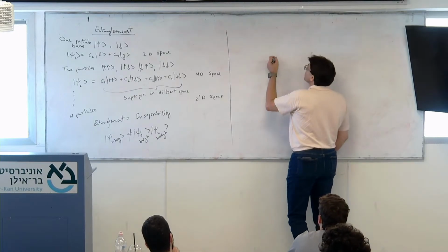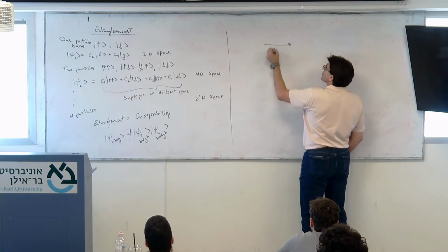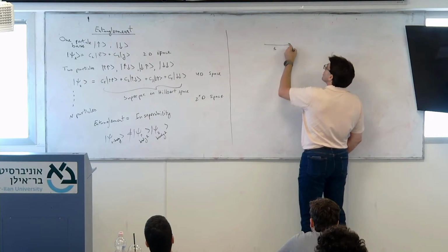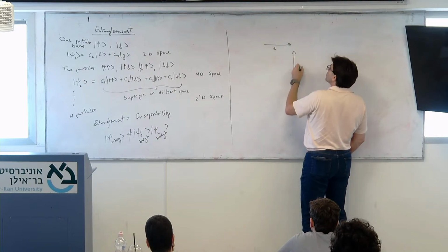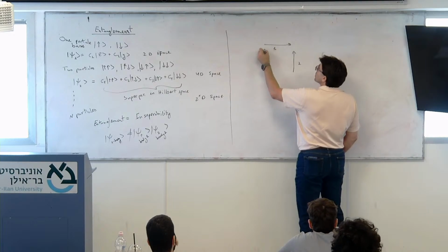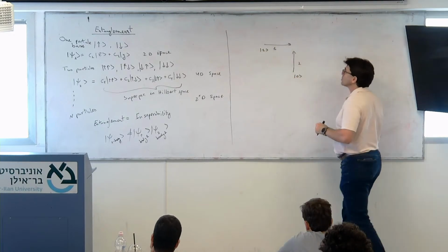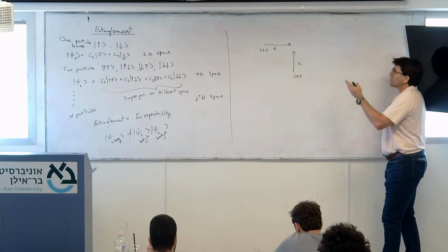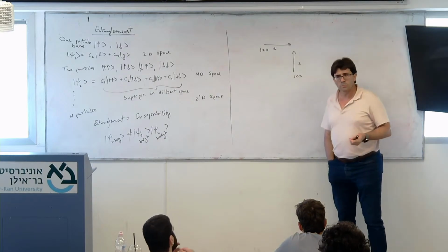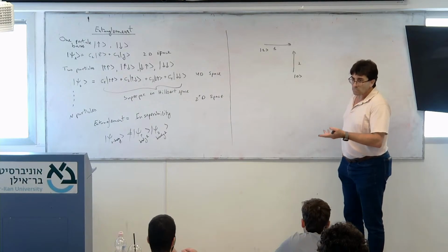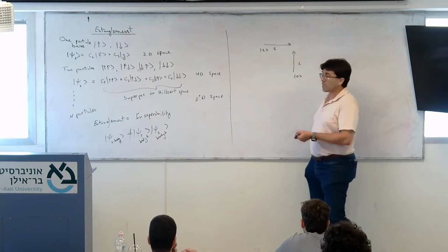So here I have two modes. This is mode 1 and this is mode 2. Here there is one photon, here there are zero photons. Is that state separable? Well, looking at it like that, the answer is yes.